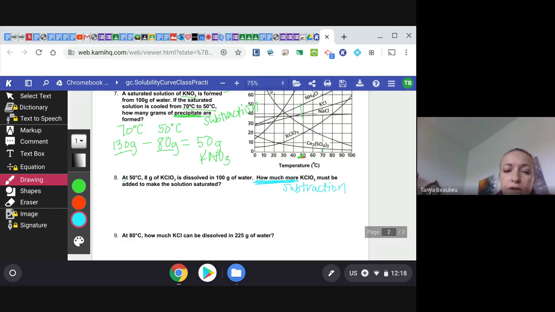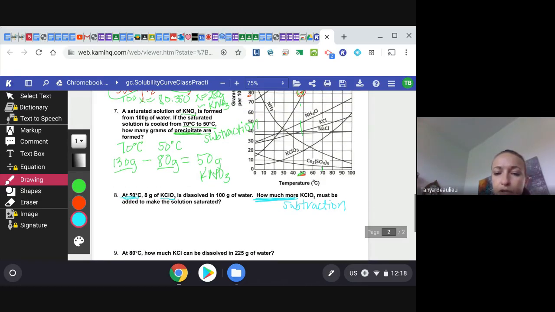So I give you a temperature here again and a substance. Whenever you have a temperature given, you need to go to the graph and figure out the solubility of that substance at that temperature. So at 50 Celsius, I would go up to see where it intersects with the KClO3 line, and it's right there. And that is at 20 grams of solute. So at 50 Celsius, I have 20 grams of solute.